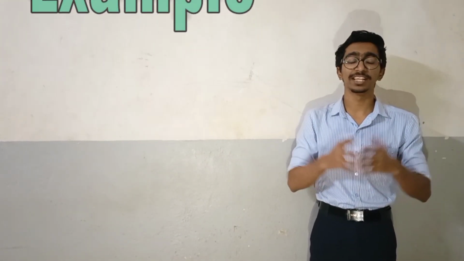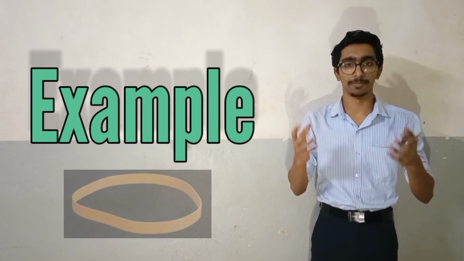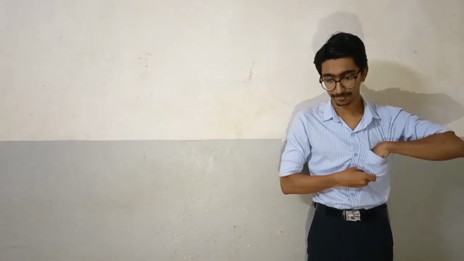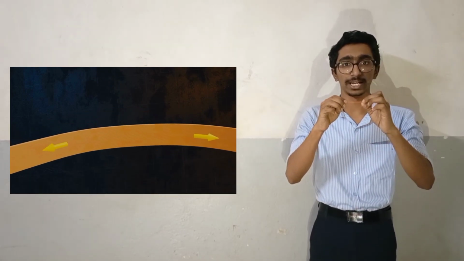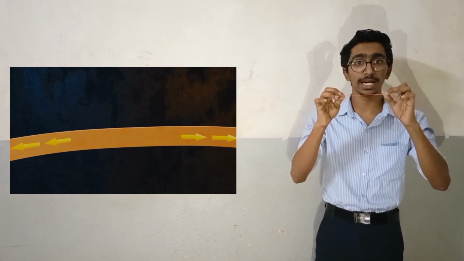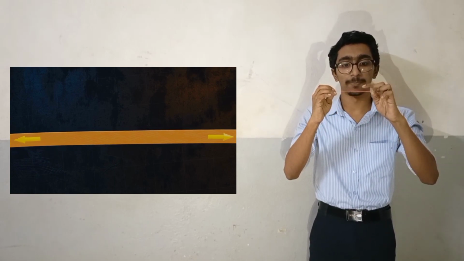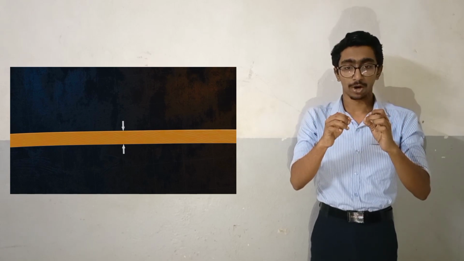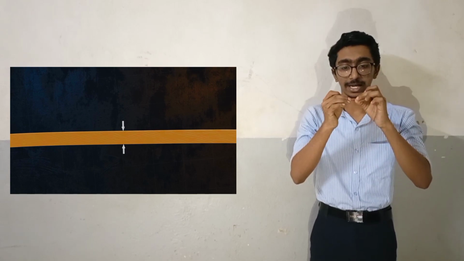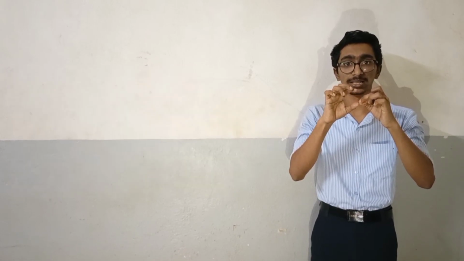Now let us understand Poisson's ratio with an amazing example of a rubber band. When a rubber band is pulled in the longitudinal direction, there is a lateral compression in the middle, or when it is compressed, it will expand in the lateral direction.